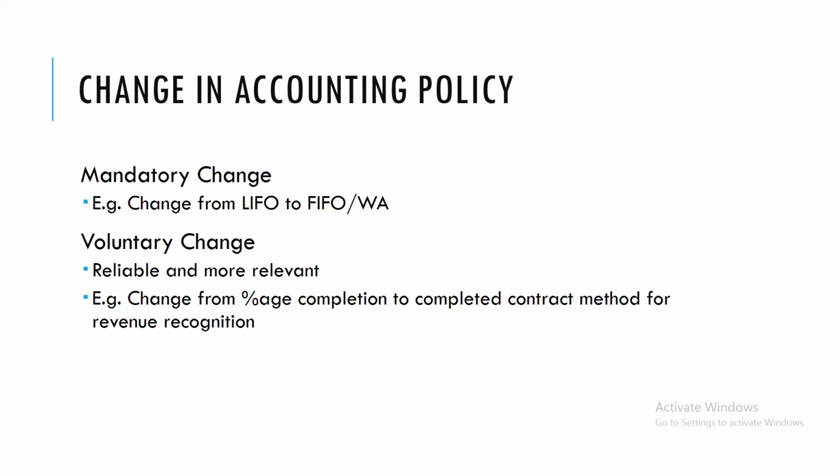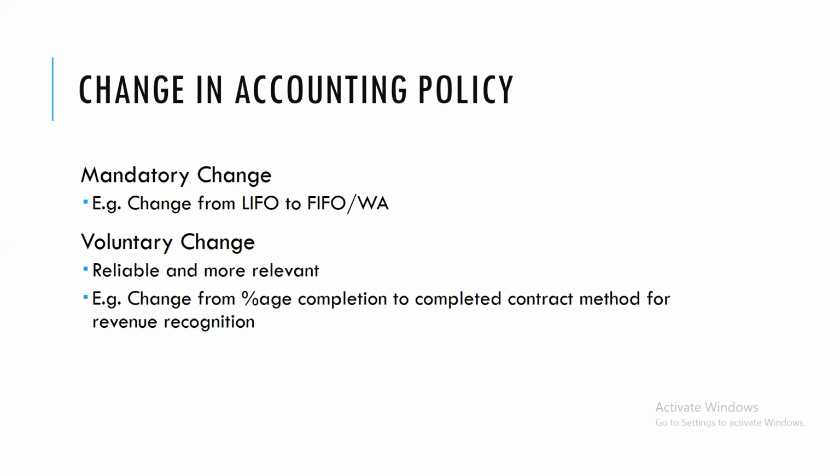I don't know if anybody remembers LIFO, but LIFO was another method to value inventory. It was last in, first out. Before, there were four methods, because there's specific identification, FIFO, weighted average, and LIFO.